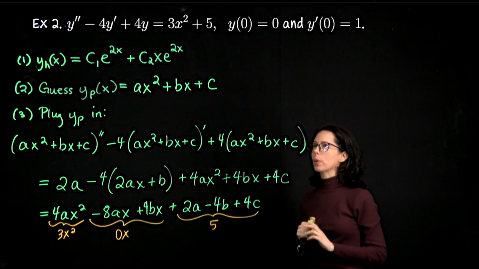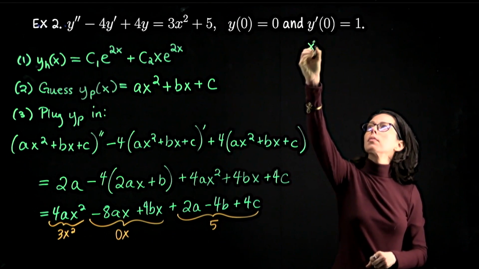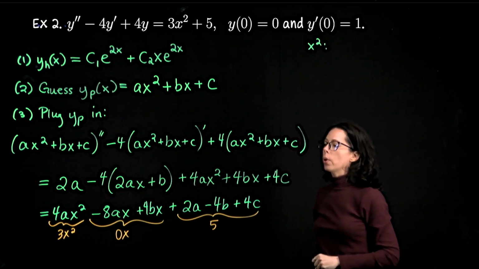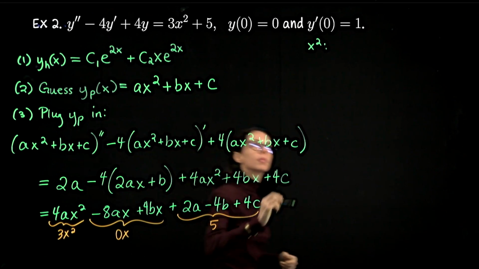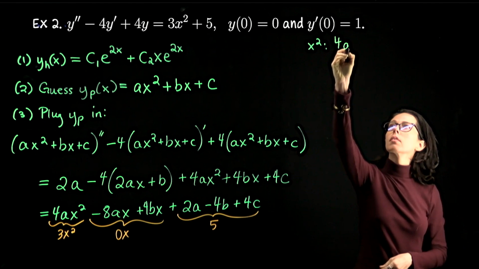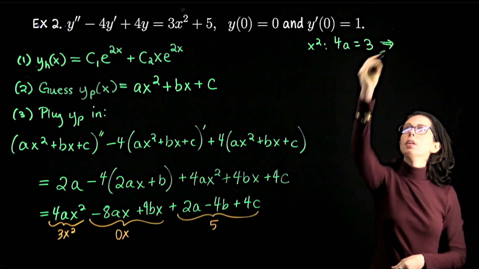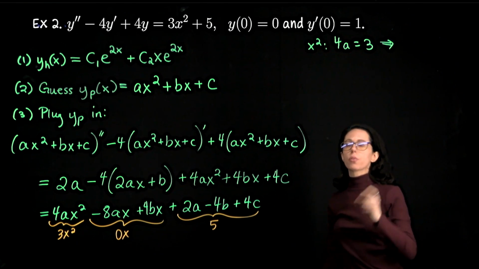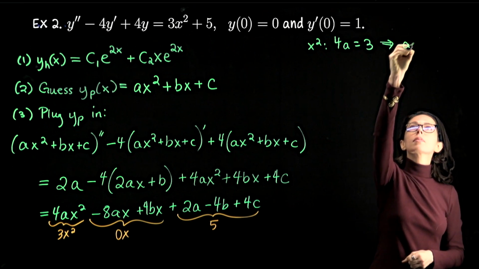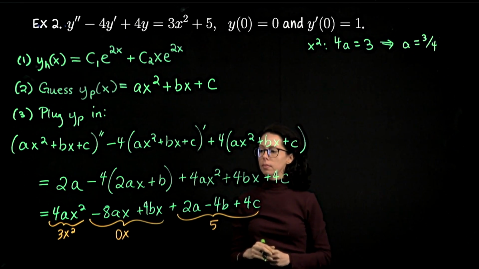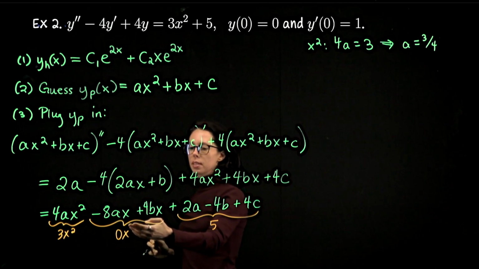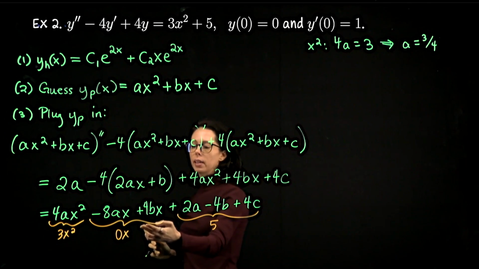Okay, so what are we going to do with the quadratics? Well, we know that 4a should be 3. If you look at the coefficients here, 4a and 3. So immediately we get that a is 3/4. For the first order terms, negative 8a plus 4b needs to be 0.